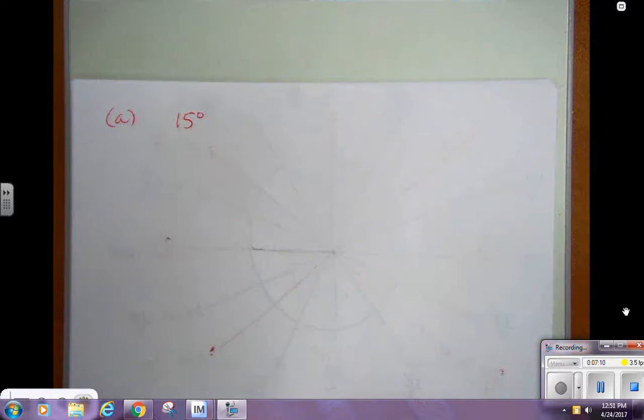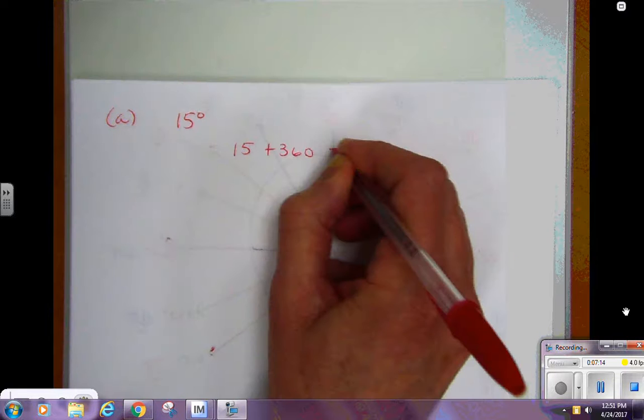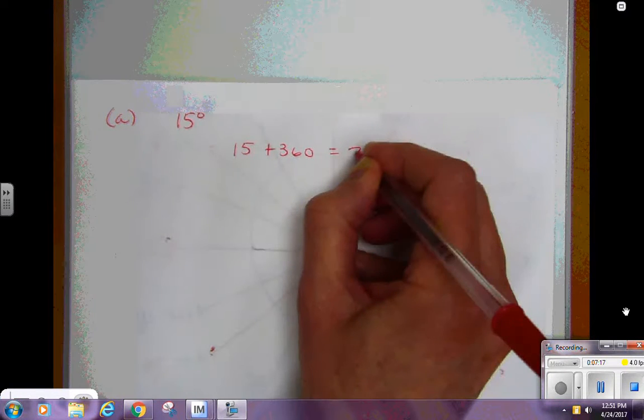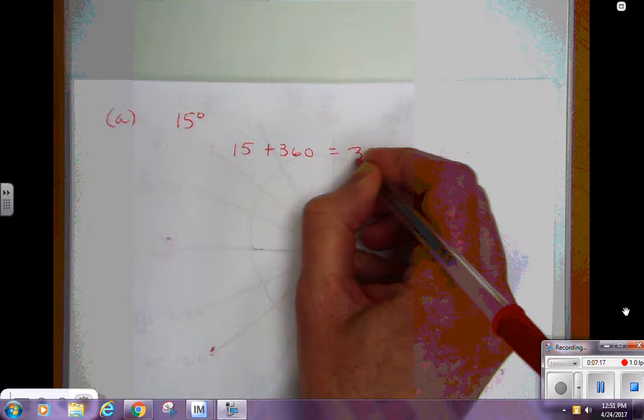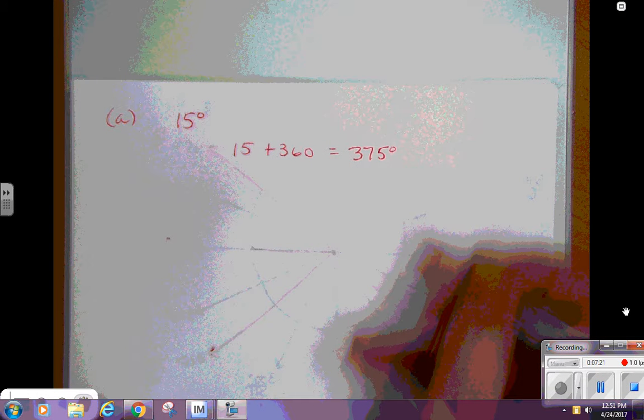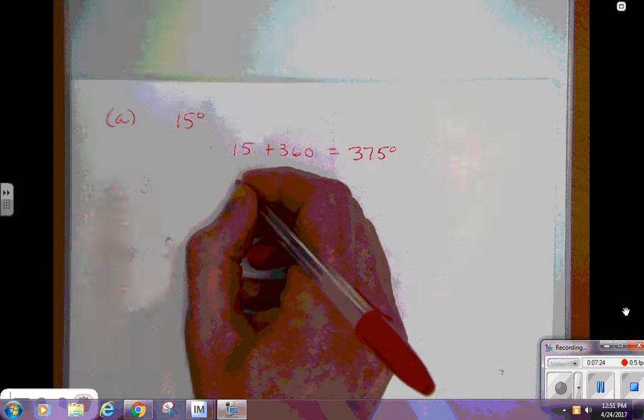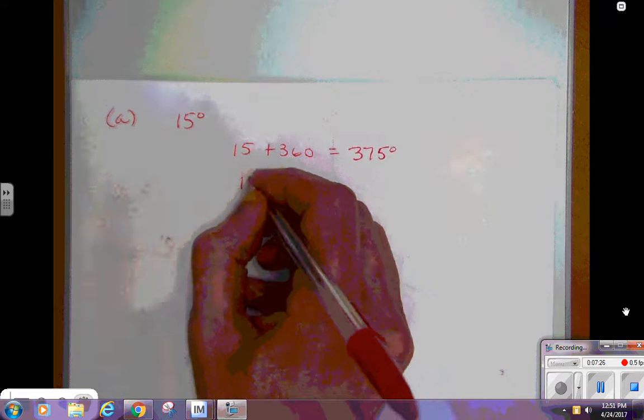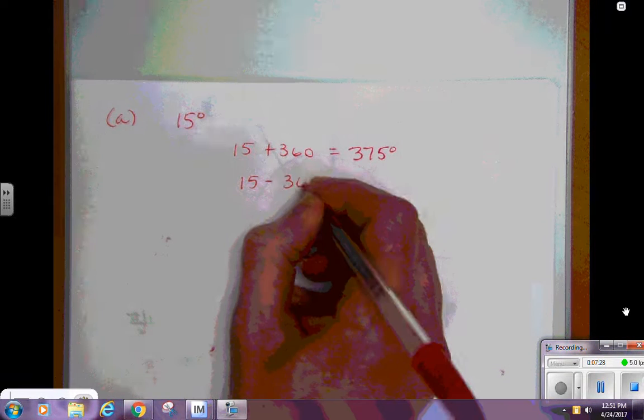So to do that, like on A, it gives you angle 15. So to find a positive angle that has the same terminal side, I'm just going to add 360 degrees. And a coterminal angle for this would be 375 degrees. A positive coterminal angle. And to find a negative angle, I'm going to subtract 360.